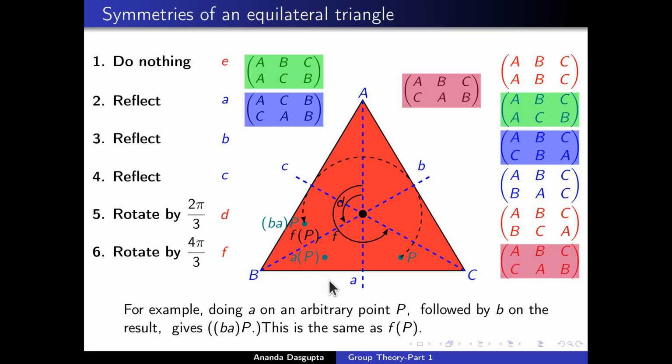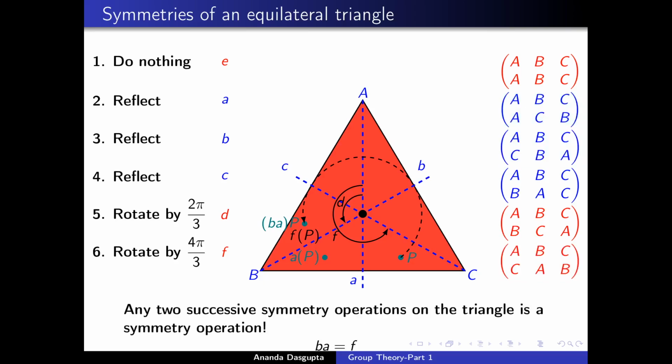So BA acting on P is the same as F of P, and this works for any arbitrary point you pick on the triangle, which means that the group operation BA, the symmetry operation that you get by first doing A then doing B, is exactly the same as F. Notice that although when we talk about it, we are calling this BA, it's really A first, B after that. So at the level of group operations, BA is the same as F.